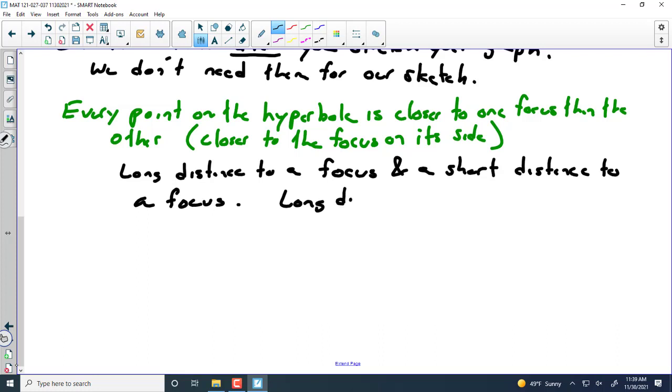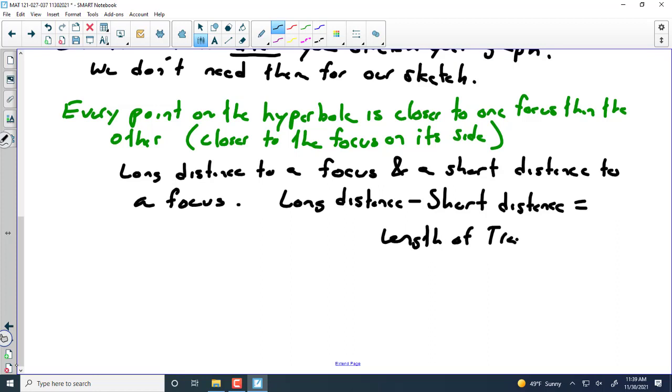If you do the long distance minus the short distance, you get the length of the transverse axis. Every point in the hyperbola has a distance from one focus and a distance to another focus. If you do the long distance minus the short distance, for every point, you will get the same number as the length of the transverse axis. That's actually what gives a hyperbola its shape.